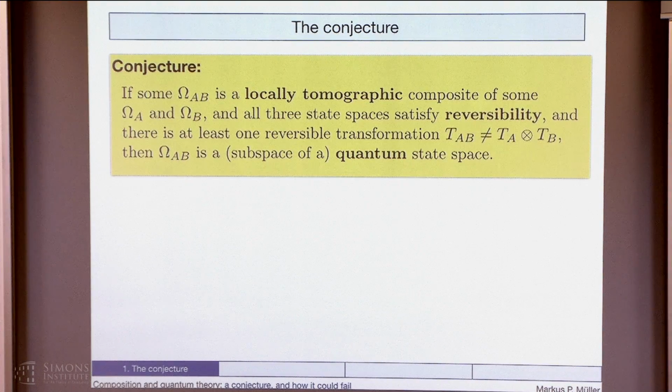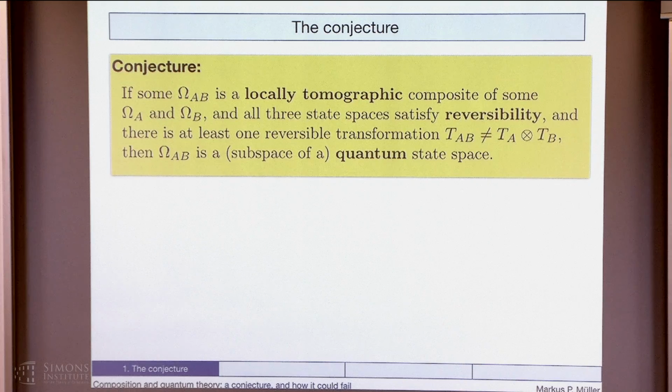Now here's the conjecture that I will discuss in the following. The conjecture says basically that these two things give you quantum theory, period. In more detail, suppose we have some composite state space AB, omega AB, which is a locally tomographic composite of some omega A and some omega B, and all three state spaces satisfy this reversibility axiom: every pure state goes to every other reversibly.